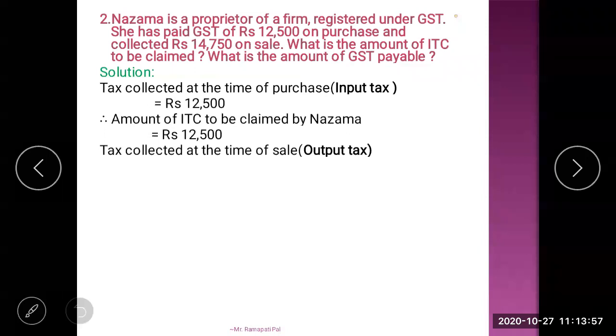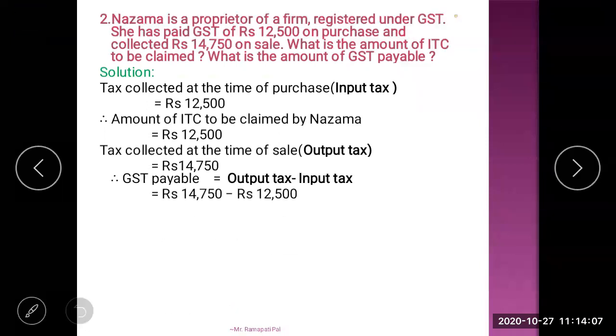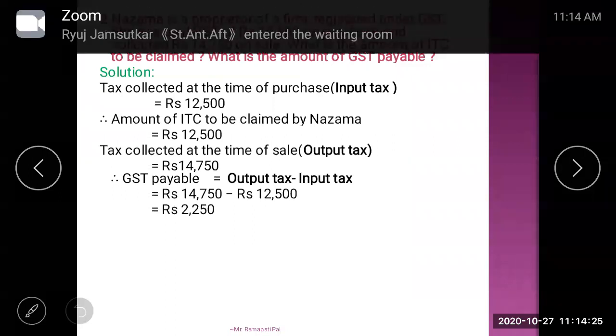Correct? It is given in the question. GST payable is equal to output tax minus input tax. So subtract it: 14,750 minus rupees 12,500, so you will get rupees 2,250. So at the end, what will we write?